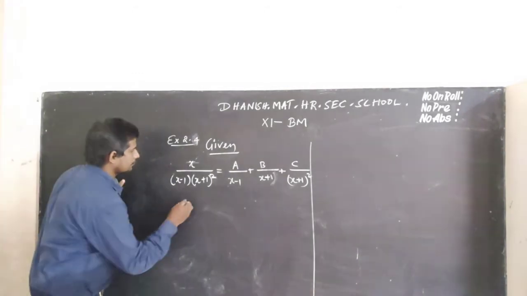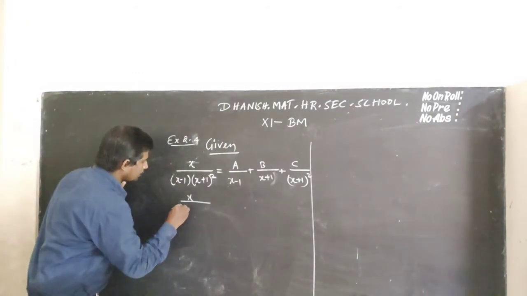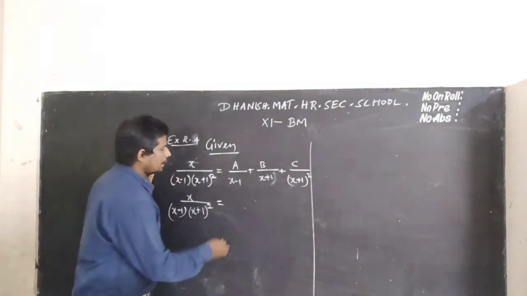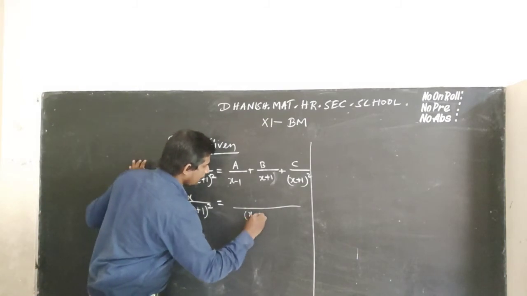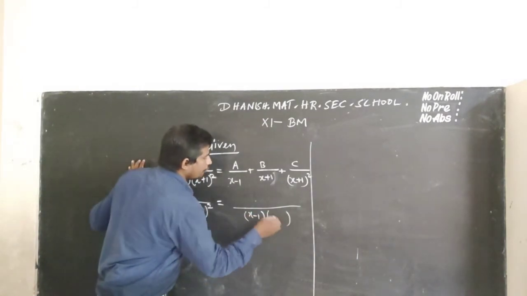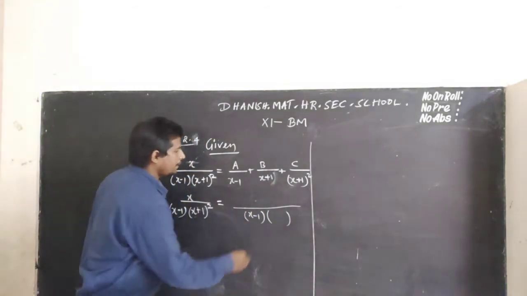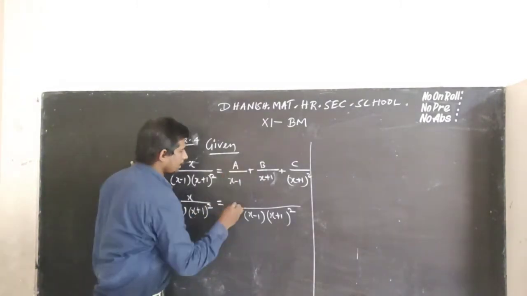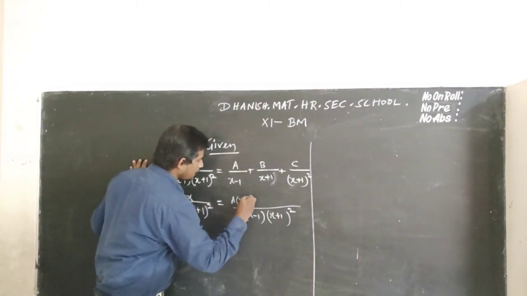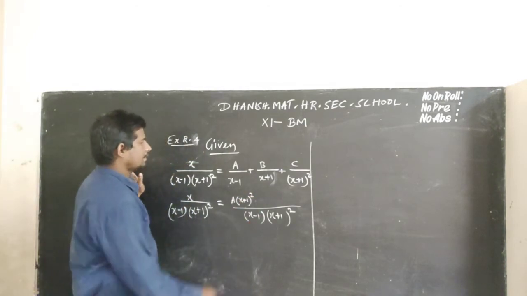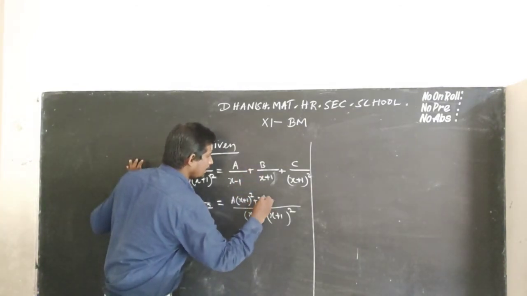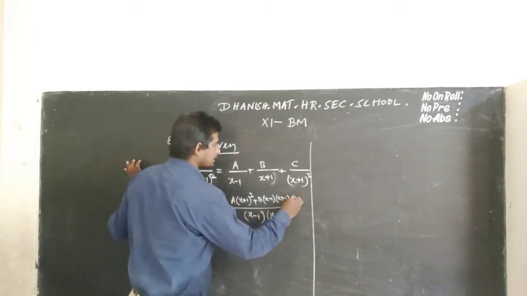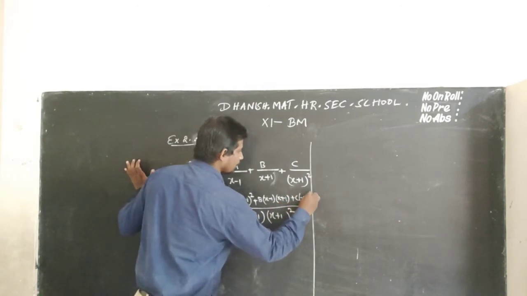Now x by x minus 1 into x plus 1 whole square equal to. Now I am going to take the LCM as x minus 1 into, for these two terms the LCM will be x plus 1 whole square. Now A into x plus 1 whole square plus B into x minus 1 into x plus 1 plus C into x minus 1.